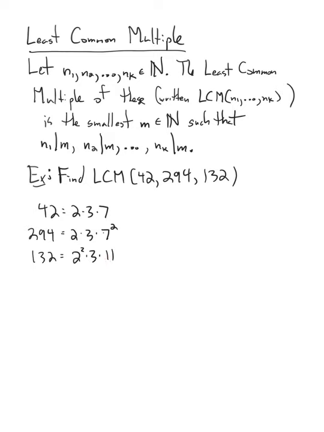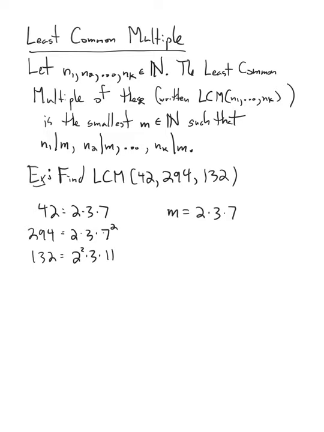So, we know that m has to be a multiple of 42, so it has to be something times 42. So we definitely need a 2, a 3, and a 7 in our multiple because it has to be a multiple of 42. So it's going to be 42 times some stuff.